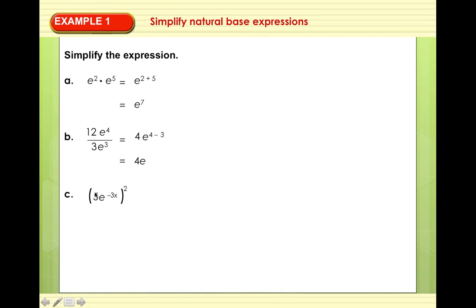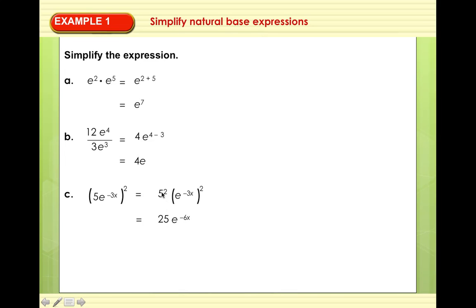In part C, I can use the power of a product property to separate the 5 and the e to the negative 3x, and take the square of each of those. Then I can use the power of a power property to take the negative 3x times 2 and make that a negative 6x exponent.